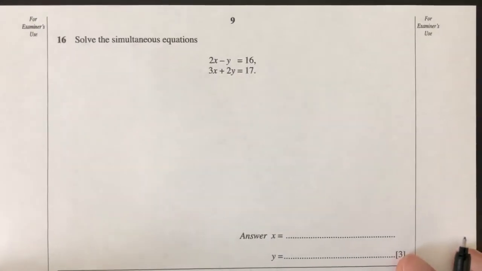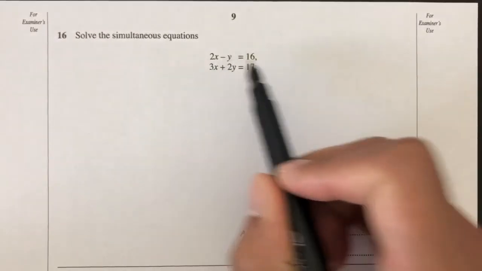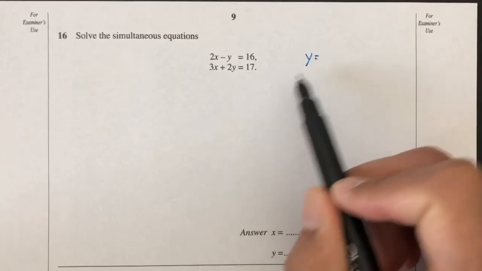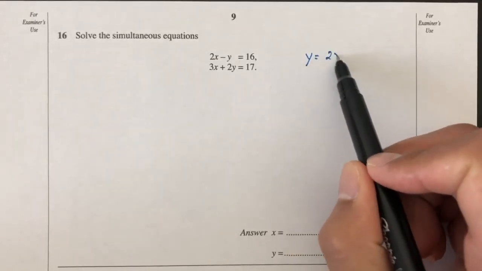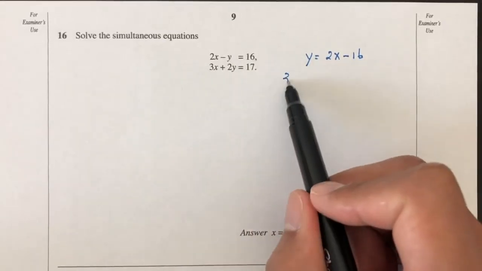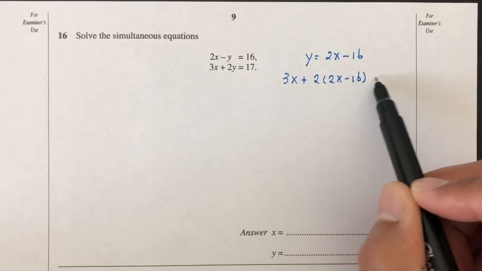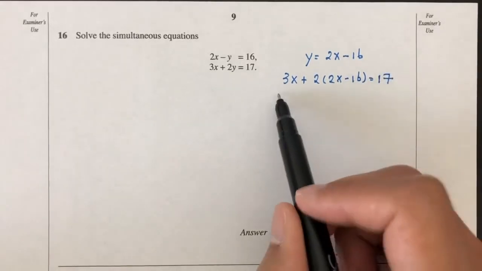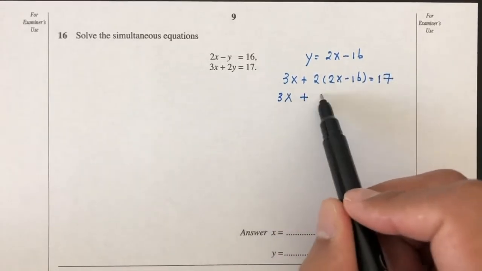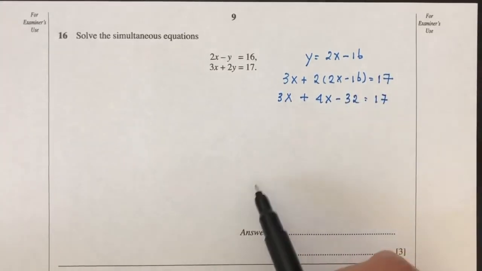Now moving on to question number 16, solve this simultaneously. As you can see here, we have y, so let's make y the subject of our formula. That becomes 2x minus 16. Now replace y in this one. 3x plus 2 times (2x minus 16) equal to 17. So 3x plus 4x minus 32 equal to 17.